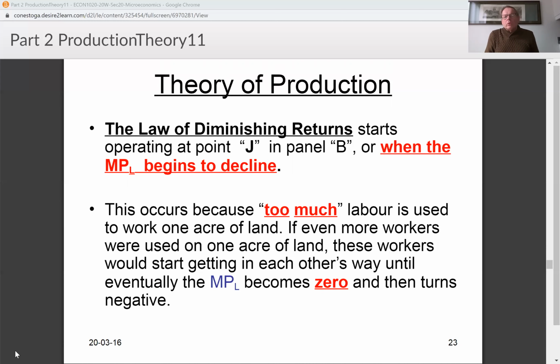If even more workers were used on 1 acre of land, these workers would start getting in each other's way until eventually the marginal product of labor becomes zero and then turns negative. So remember, where the marginal product of labor is equal to zero, and in our case it's 5.5 employees, that is the ideal number of employees that this farmer should have.